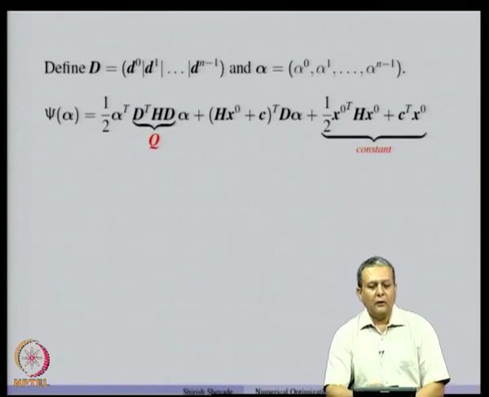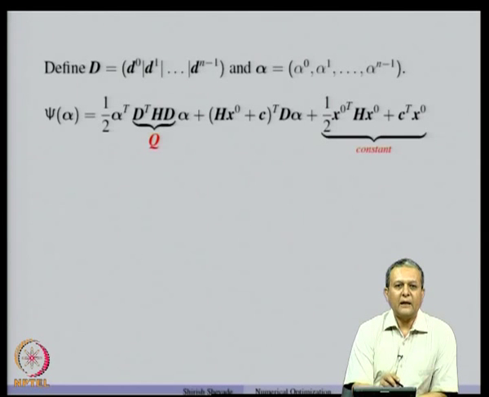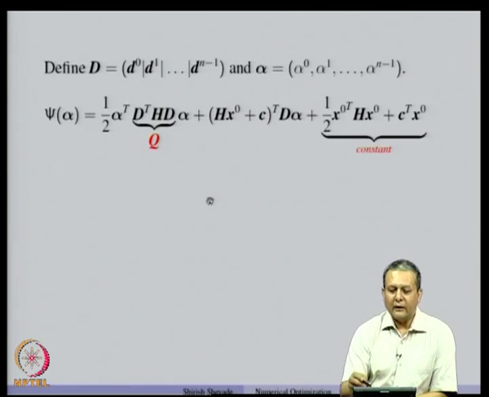If you rewrite psi(alpha) in this compact notation, psi(alpha) is half of alpha transpose D transpose H D alpha plus (H x0 plus c) transpose D alpha plus half x0 transpose H x0 plus c transpose x0. Now, x0 is a given point.